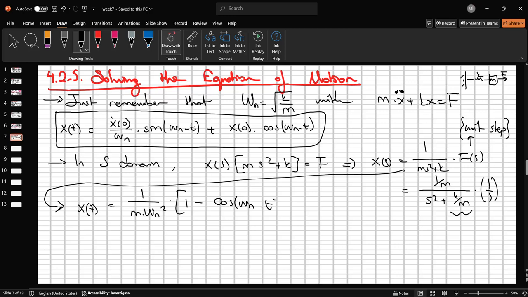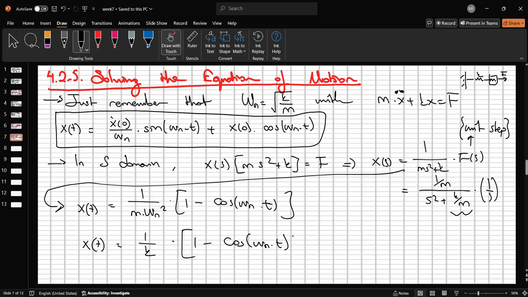Okay? This is another solution for this system. Or x(t) is equal to 1 divided by k times (1 minus cos omega n t).